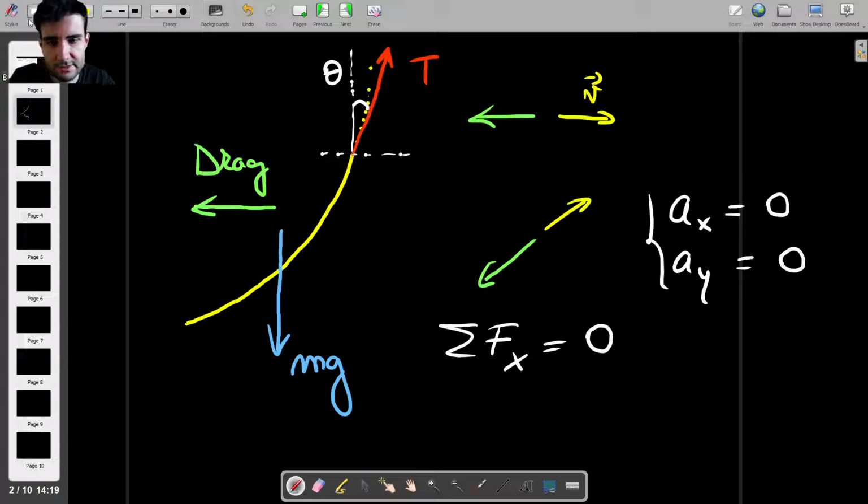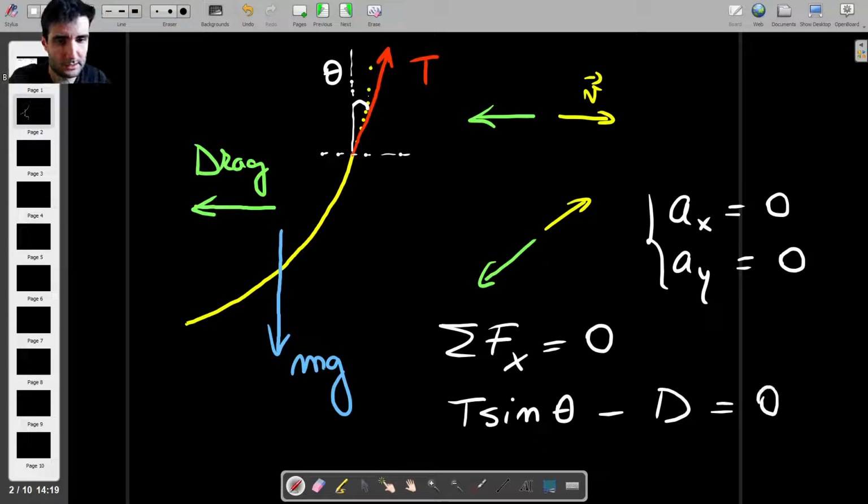And we have essentially two forces which are acting in the horizontal direction. So we have the horizontal component of tension, which is T sine theta, okay, minus the drag, let's call this capital D, and this is going to equal 0.